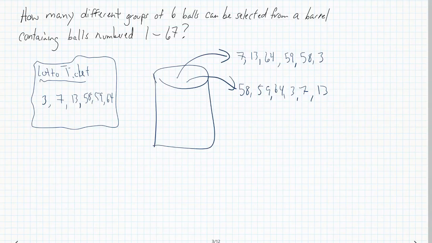So first off, you can think of, okay, let's say we have 6 spots, right? Notice you have 67 for the first ball, and then we can't draw that ball again, so you get 66 for the second position, 65 for the third, 64, then 63, then 62, all right?